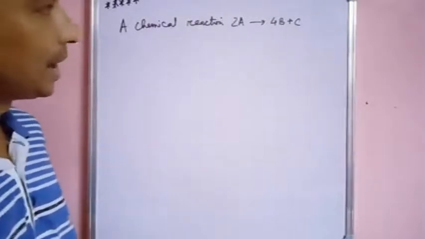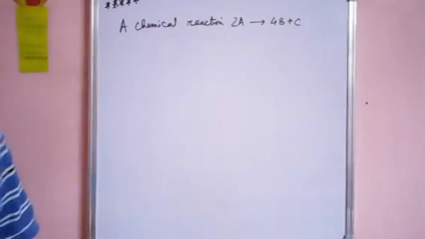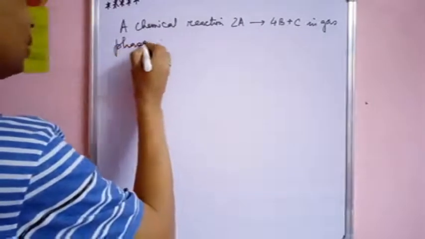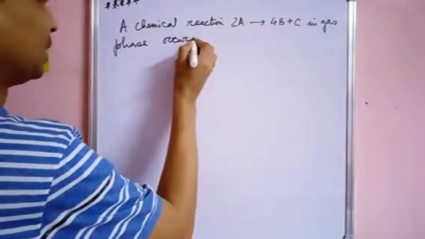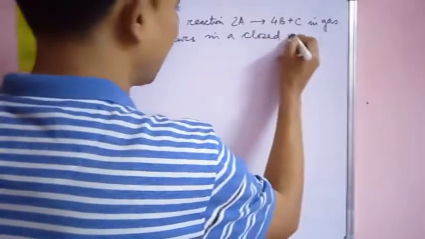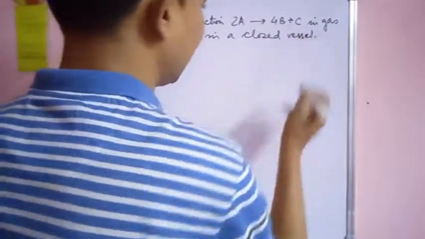So 2A arrow 4B plus C in gas phase occurs in a closed vessel.